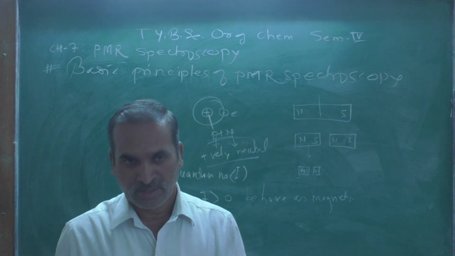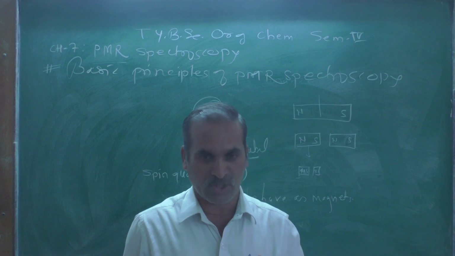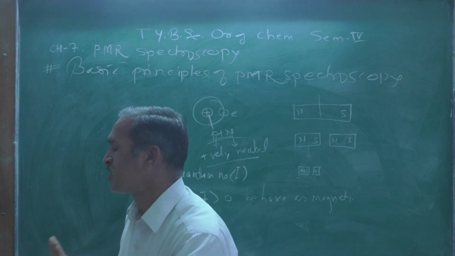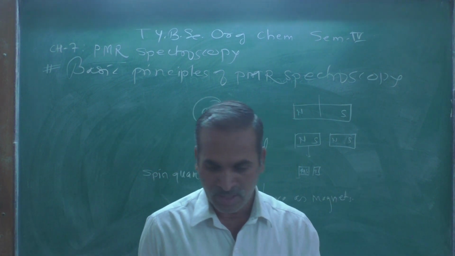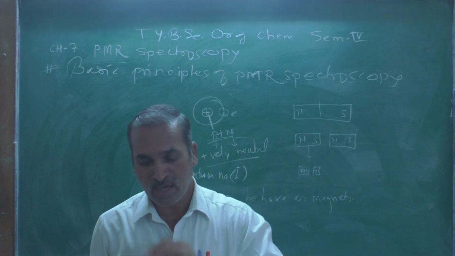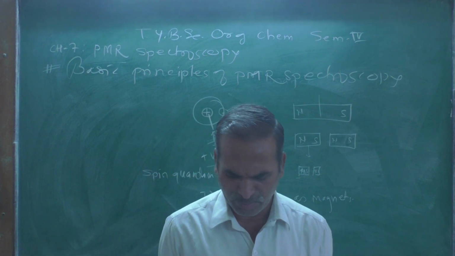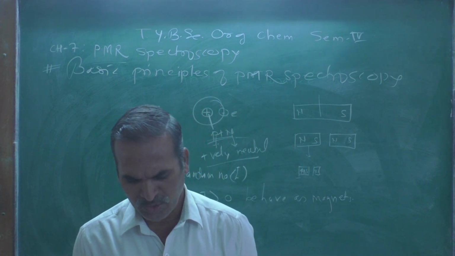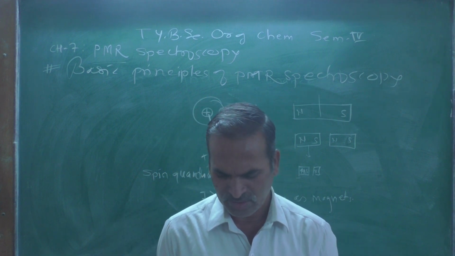Remember, spin quantum number is a characteristic of the nucleus, because we are going to study the nuclei of the hydrogen atom in this case, and therefore proton magnetic resonance plays a very important role here.